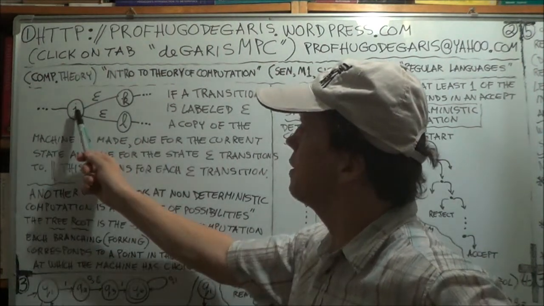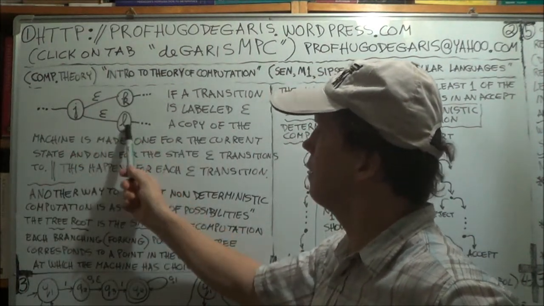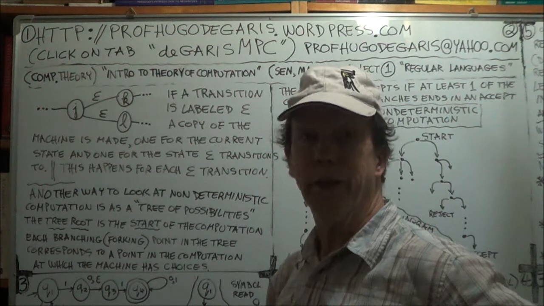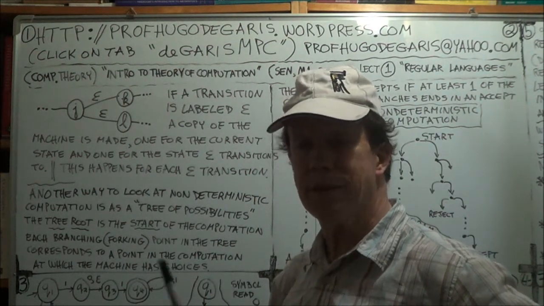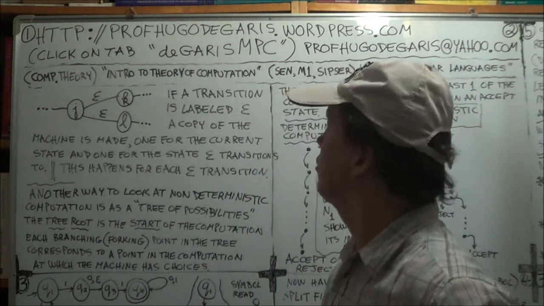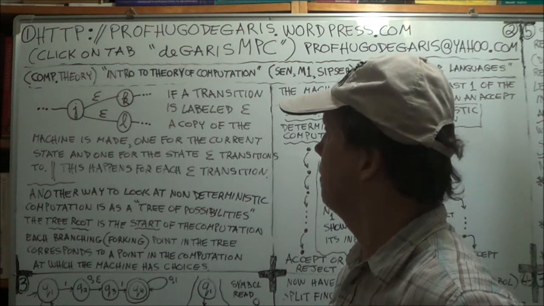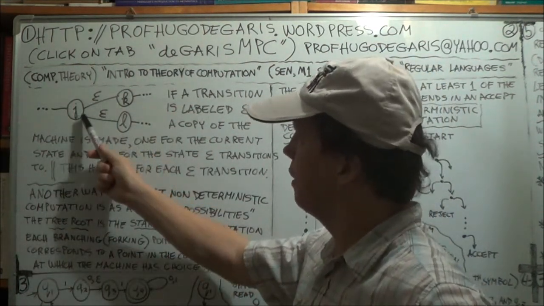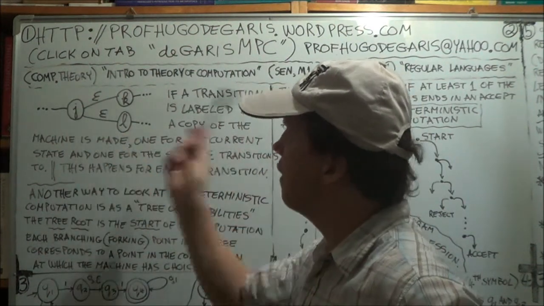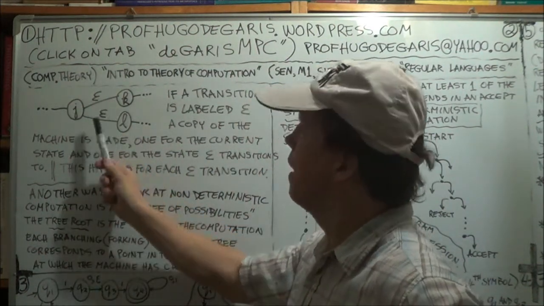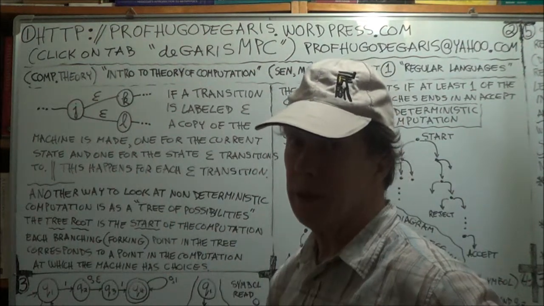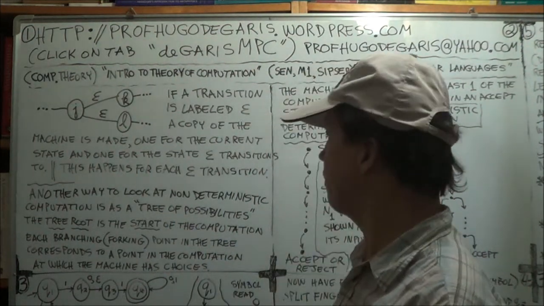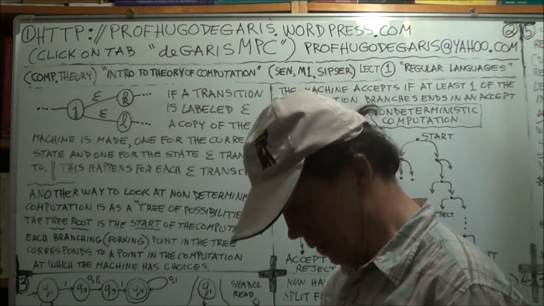One of them will be in state J, another in state K, and a third in state L. That's how this eta trick works. And you'll have an extra copy of the machine for each transition that has an eta label.